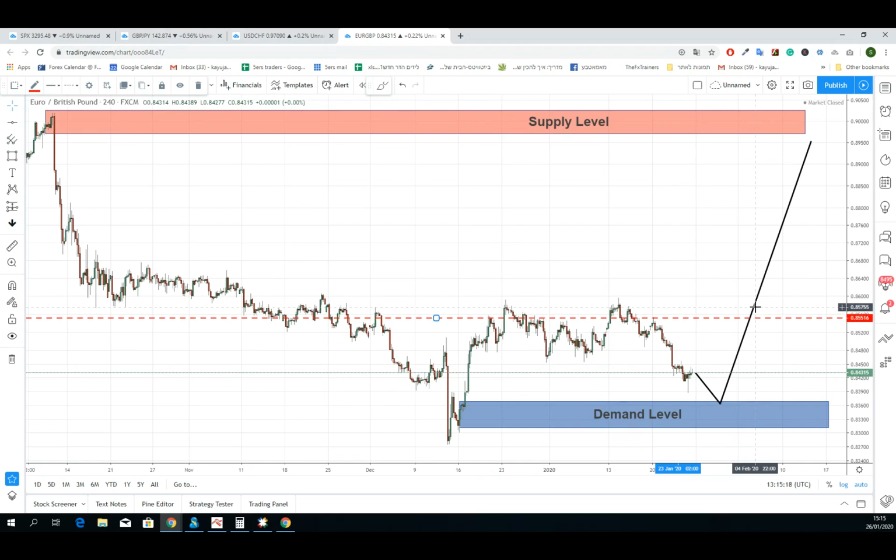If that happens before the price tests this demand below, it indicates that most likely the price is already on its way to the supply above, and we lost this opportunity here below. But if the price breaks out of this line, I look for a new signal, a new chart pattern or any new demand to buy and join this momentum.